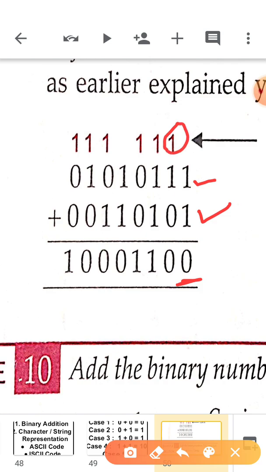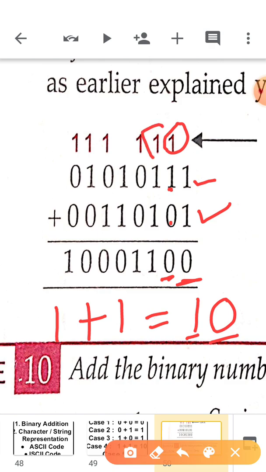Then 1 and 0 gives you 1, but one more 1 is there, so it becomes a case of 1 plus 1. Again it gives you 10, so 0 remains down and 1 goes in the carry. So 1 plus 1 is 0, 0 remains here, and again it gives you 1 carry here.